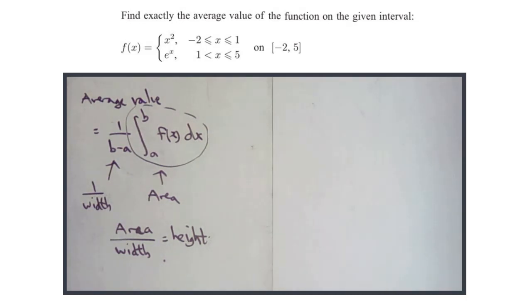So we have a bit of a problem because we need to do two separate intervals and two separate integrals. For x between -2 and 1, we need to use x squared. And for x between 1 and 5, we need to use e to the x. The 1 over b minus a bit is fine.